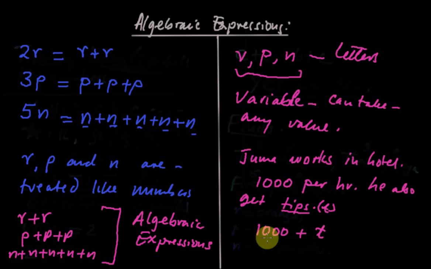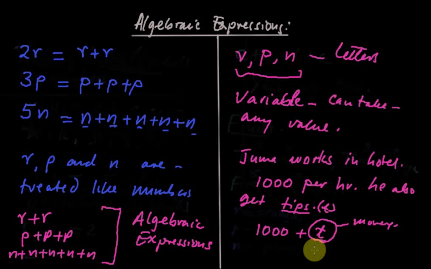So these tips, I said, are a variable. Now we know they are tips, but we don't know exactly what amount of tip he is given. So we find that it is a variable because it can change. It can take any value. In this case, this tip stands for some money, but we cannot say it is 20 shillings. It is 40.